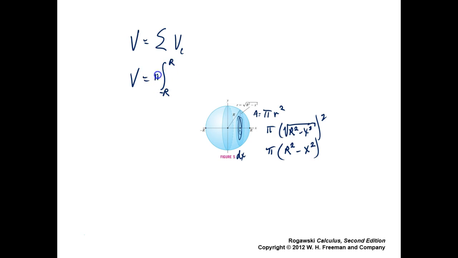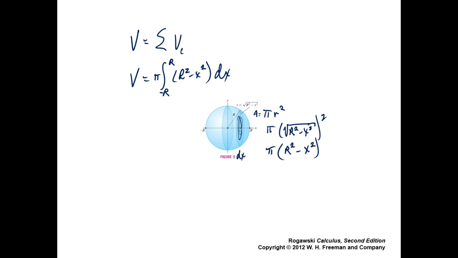Since pi is just a constant, we'll put pi on the outside. And this will be r squared minus x squared, that's your little r squared, times your thickness, dx. There's your summation.